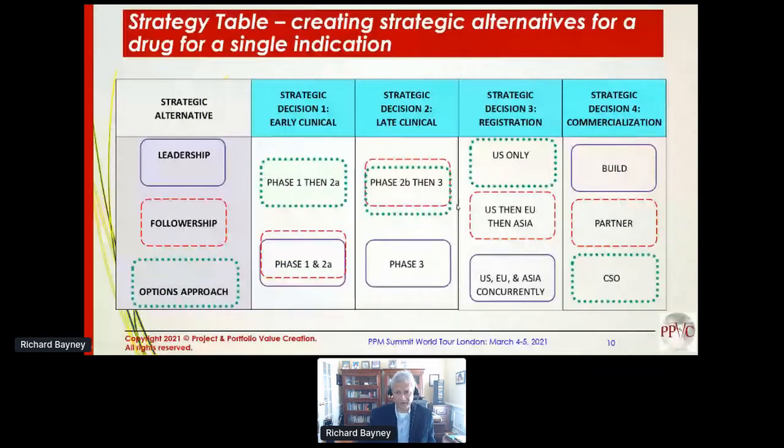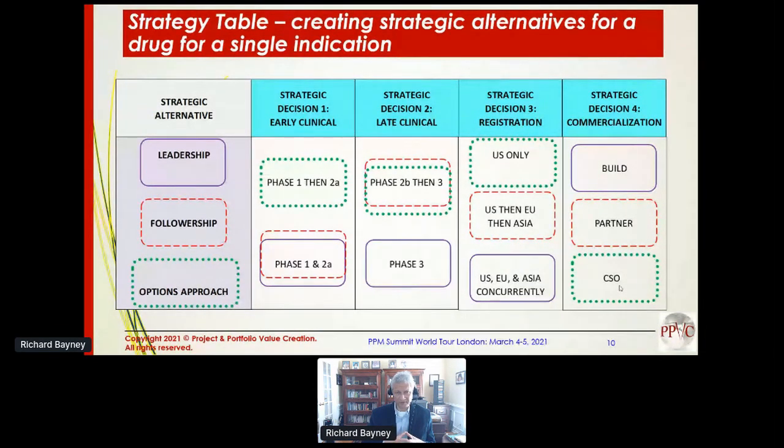Do the sequential phase 1, then 2A, do the sequential 2B, then 3, now focus in the US only, don't build or partner, but essentially hire a contracted sales force. This is essentially how 3 really robust strategic alternatives from the list of 36 could be created.